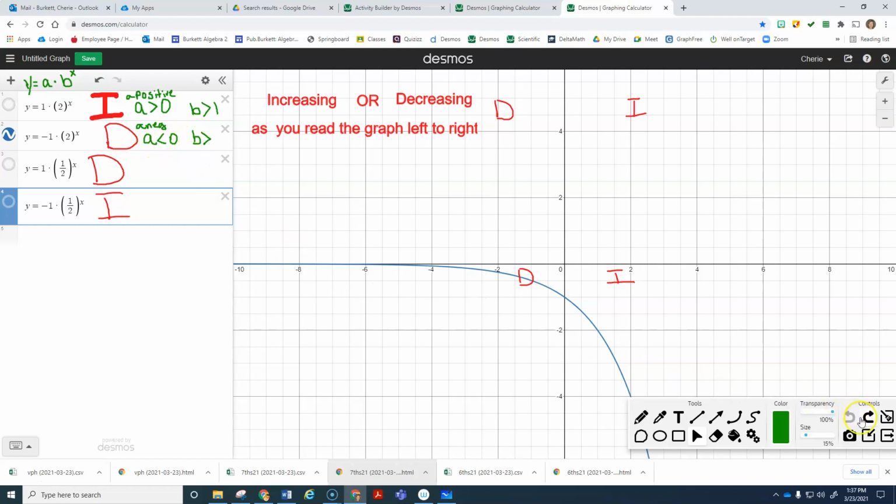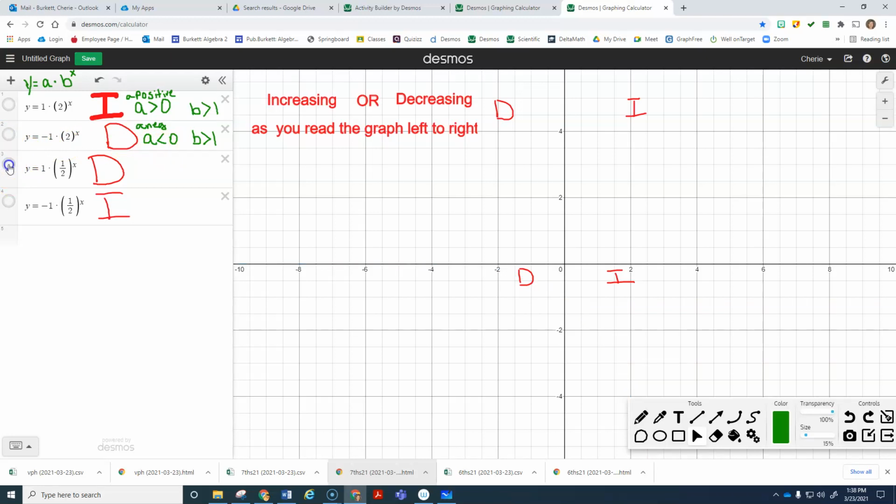And the B value is still greater than 1. So when we have a negative A and a B greater than 1, we know that's going to be a decreasing graph. So this might be something that you have to memorize or make flashcards for, but it is the combination of these things together that are going to tell you whether the graph is increasing or decreasing.